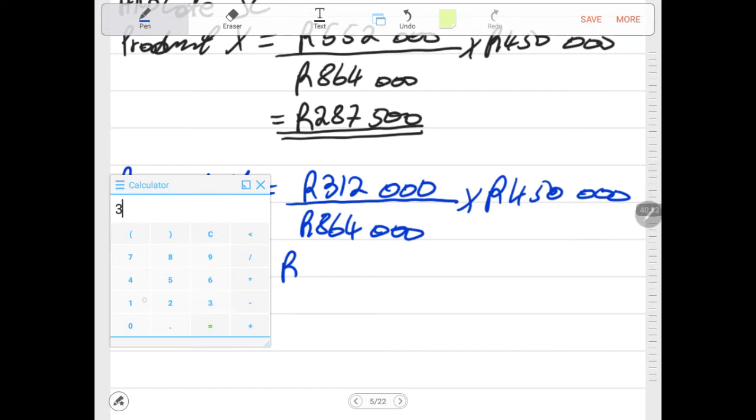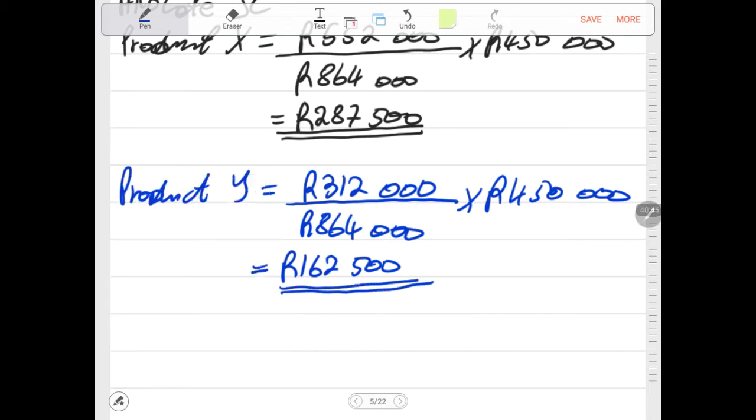Just recalculate. We get 162,499.99, which is a rounded-off figure, so it's 162,500.